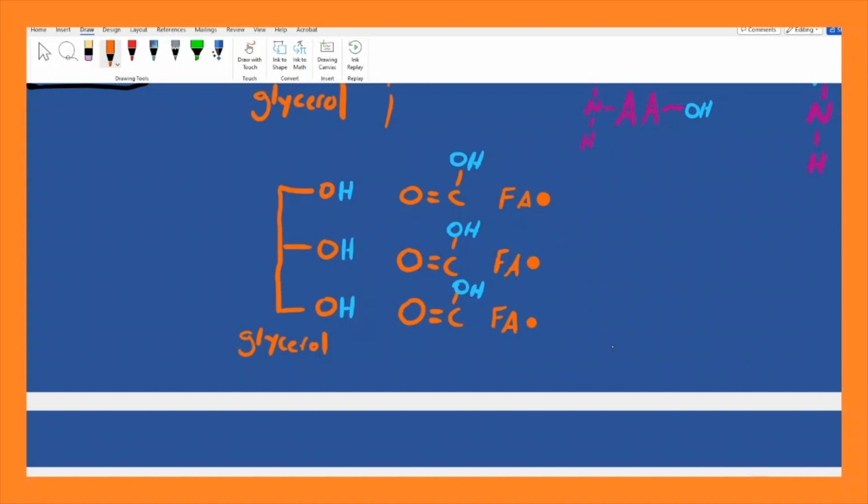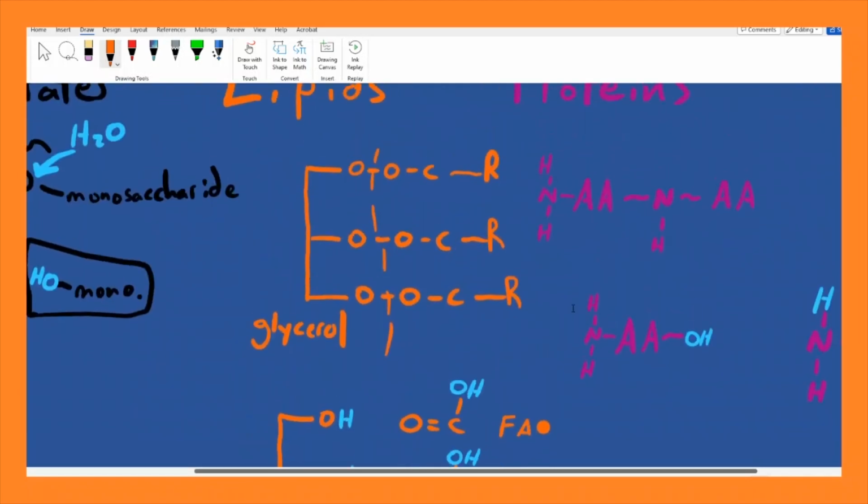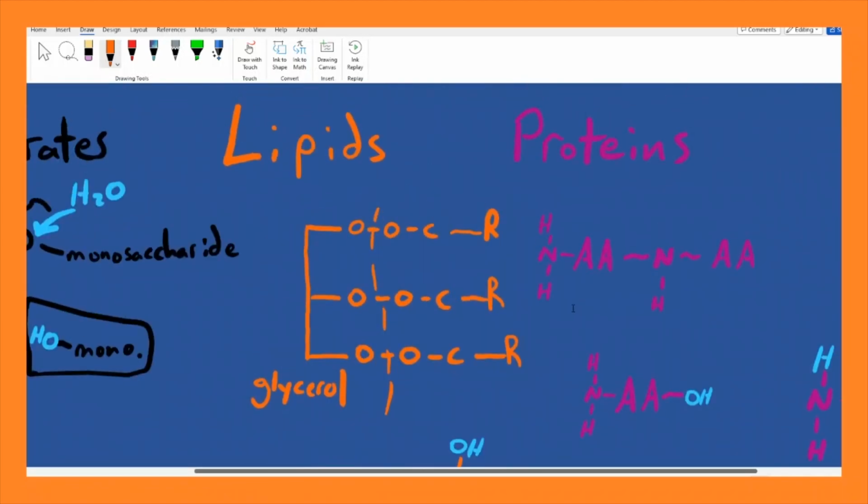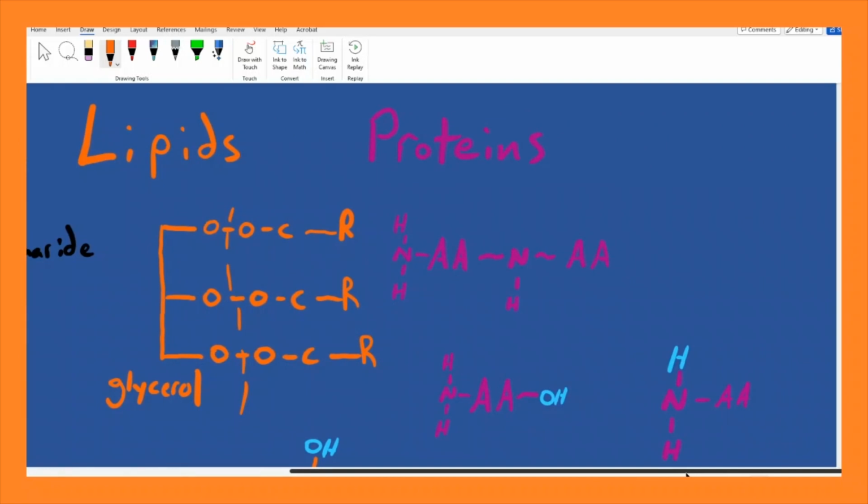So glycerol, fatty acids, 3 of them that were making a triglyceride, and I used a lipase enzyme to hydrolyze this. The idea for proteins, similar.